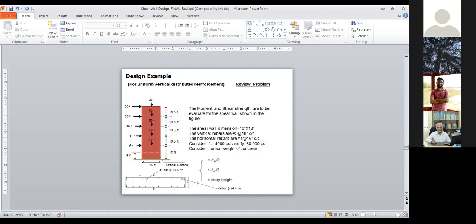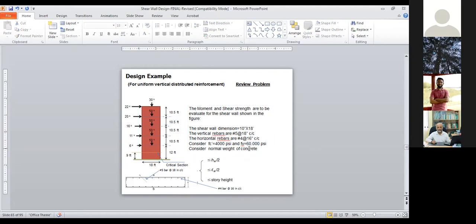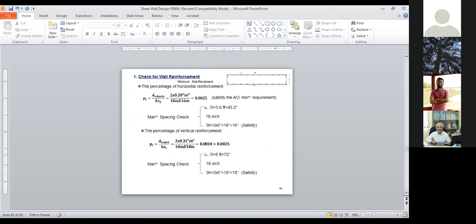That is the vertical reinforcement. Number 5 bar at 18 in center to center, and horizontal shear reinforcement number 4 bar at 16 in center to center. Your concrete strength is 4,000 and your fy is 60,000. Consider normal weight concrete, that is lambda equal to 1.